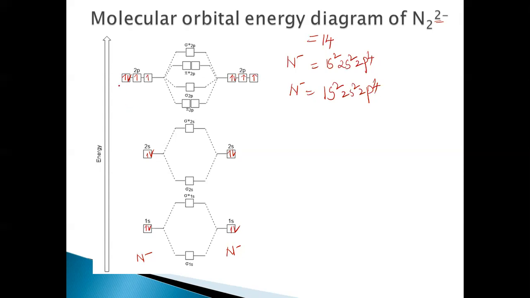So here again the molecular orbitals are sigma 1s, sigma star 1s, sigma 2s, sigma star 2s, pi 2py, pi 2pz, sigma 2px, pi star 2py, pi star 2pz, and sigma star 2px.